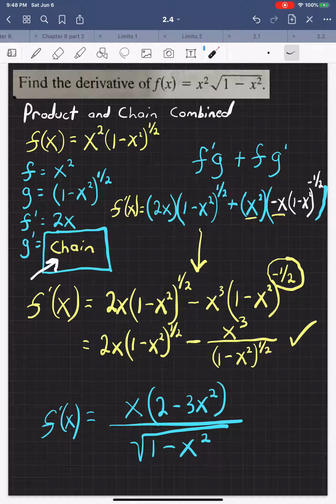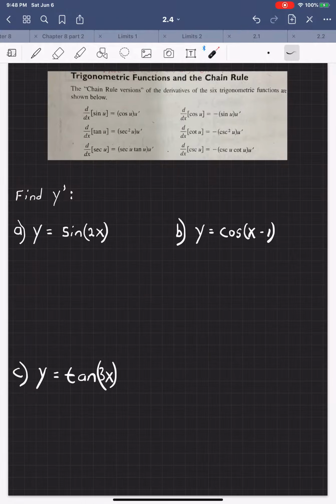Okay. What I want to do now is focus a little bit on trigonometric functions in the chain rule, and I can make this very simple. You're going to need the chain rule if you alter the angle.